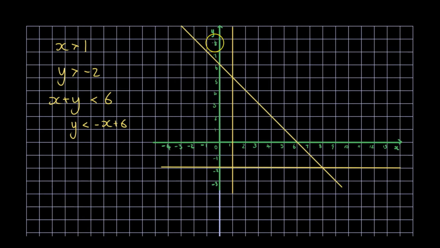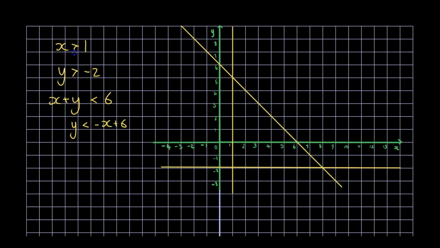So I've plotted these as solid lines, but in fact when you're doing an exam paper, you would plot these as dotted lines, because these signs don't include an equals part, so they can't include any of those lines. So you would draw these as dotted lines, but I obviously can't do that on here.